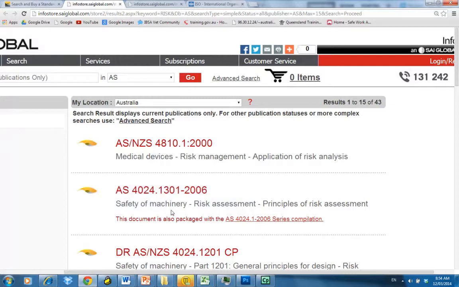So they're going to be very industry specific, and considering there's over 400 Australian standards that are relevant to workplace health and safety, this is where it's very important that it's your industry or employer association that assists your business in making sure your business or your workplace has all of the relevant standards.